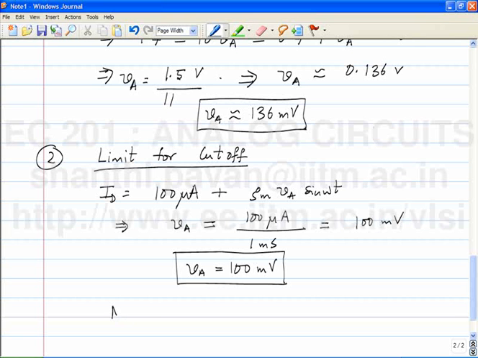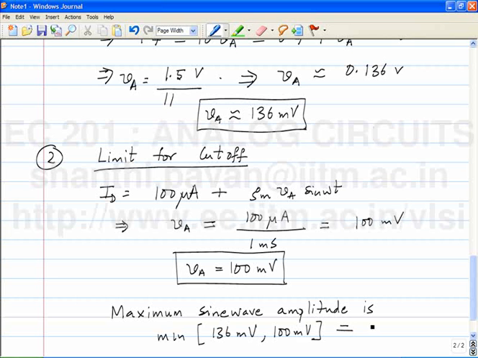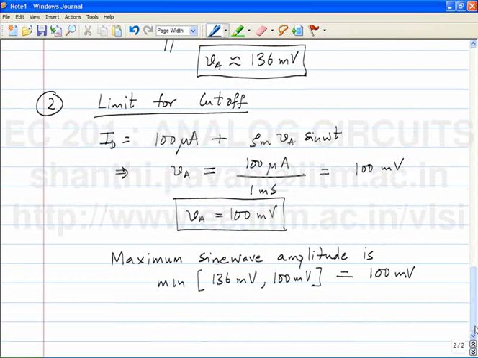So the maximum sine wave amplitude is the minimum of 136 millivolts or 100 millivolts, and that is 100 millivolts. Does that make sense?